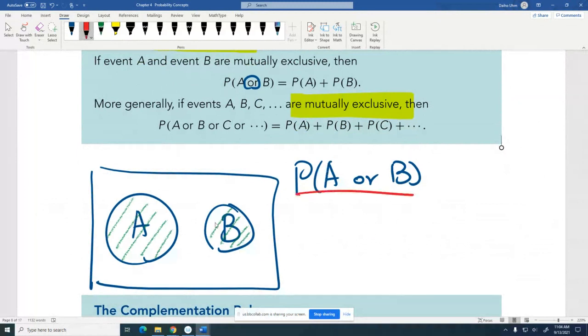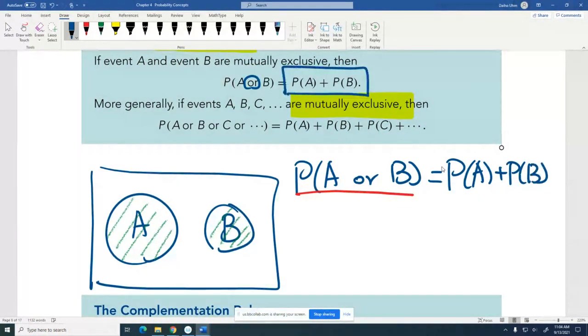So the probability of A or B will be simply the sum of the individual probabilities, because they are mutually exclusive. We are taking addition, so it has the title, the addition rule. But it is a special one, because it works only when they are mutually exclusive.